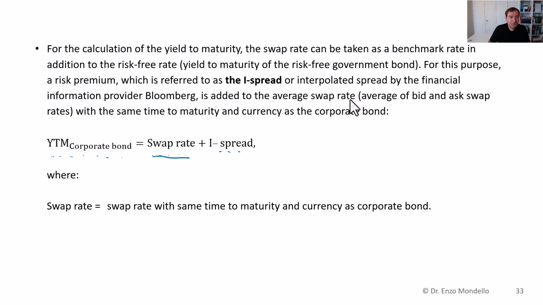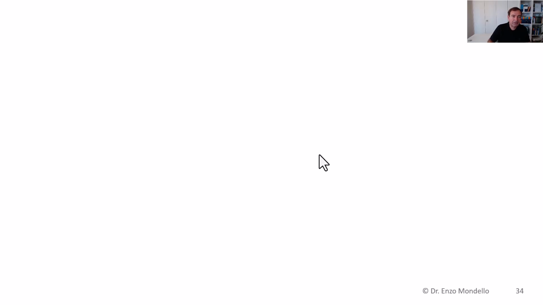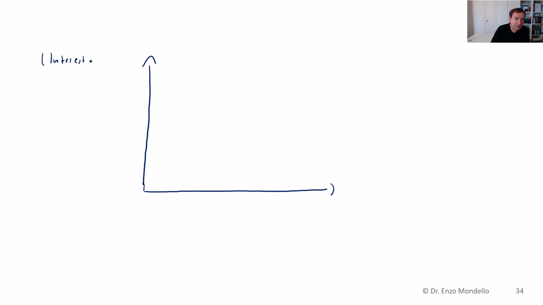So to illustrate the difference between the I spread and the G spread, which both can be used to calculate the yield to maturity of the corporate bond, I can just take the following diagram. On the vertical axis we have the interest rate, and on the x-axis the years. Let's assume that the corporate bond has a maturity of 10 years.